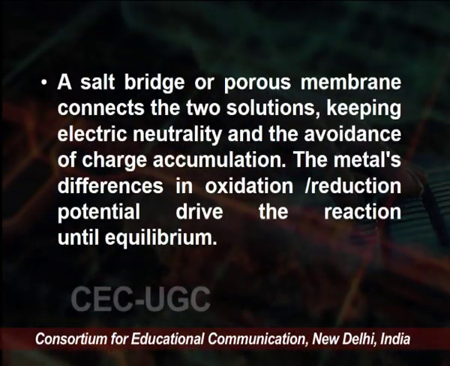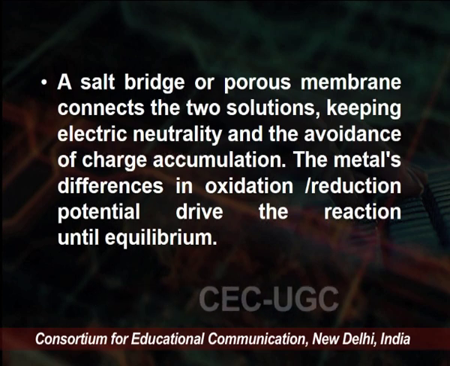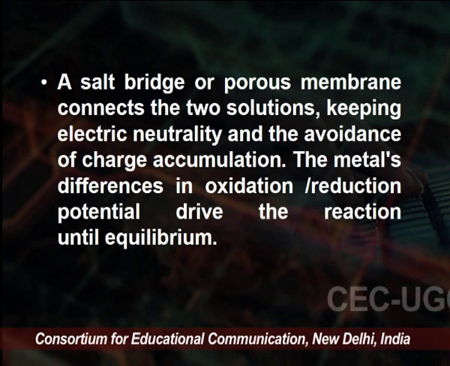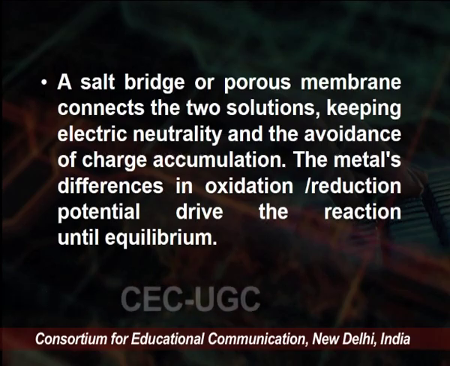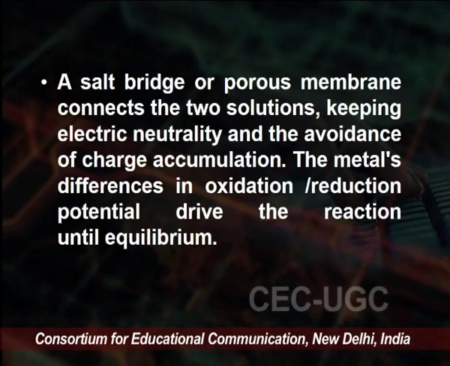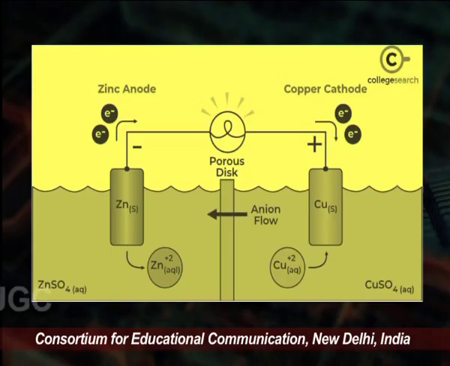A salt bridge or a porous membrane connects the two solutions, keeping electric neutrality and avoiding charge accumulation. The difference in the oxidation reaction potential drives the reaction until equilibrium.